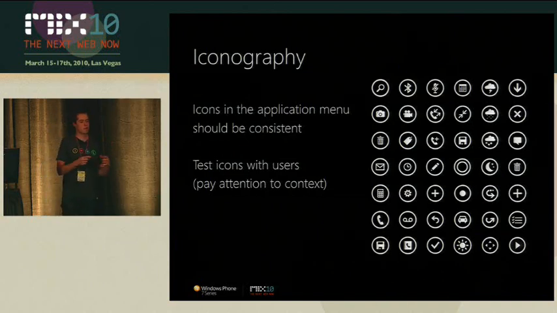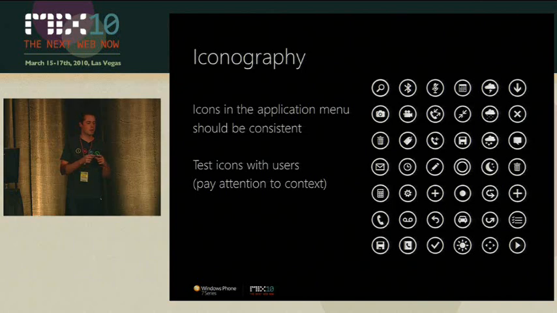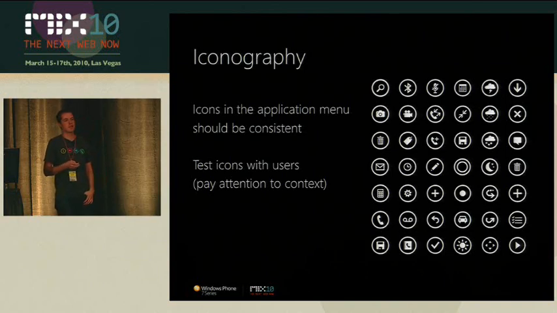The last thing that I want to tell you about is iconography. The application bar at the bottom contains icons, and getting icons right is very hard. It's not an easy task to do. The trick to being successful with icons is iteration. First of all, if you are surfacing some functionality that's pretty standard across the device, use the same icons. When you have an action that creates a new element, or an action that initiates the phone UI, just use the same consistent icons across the device.